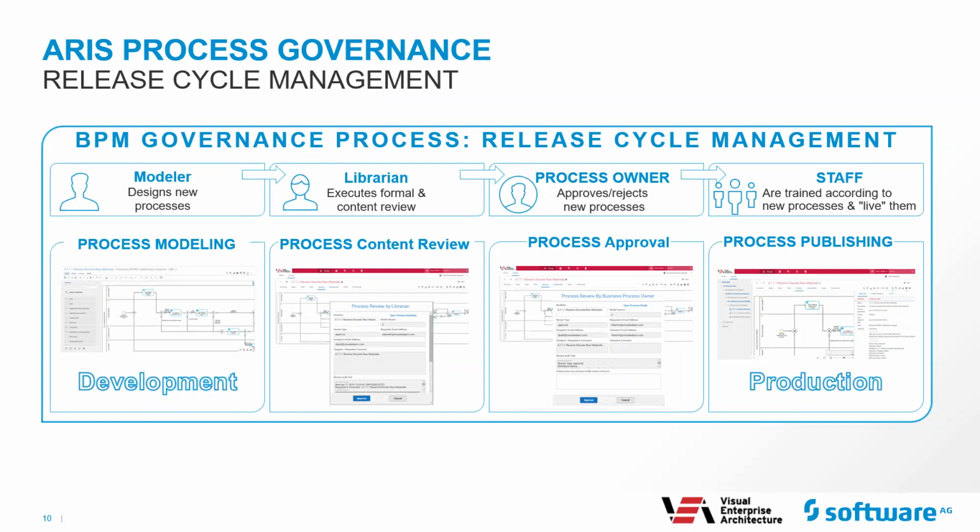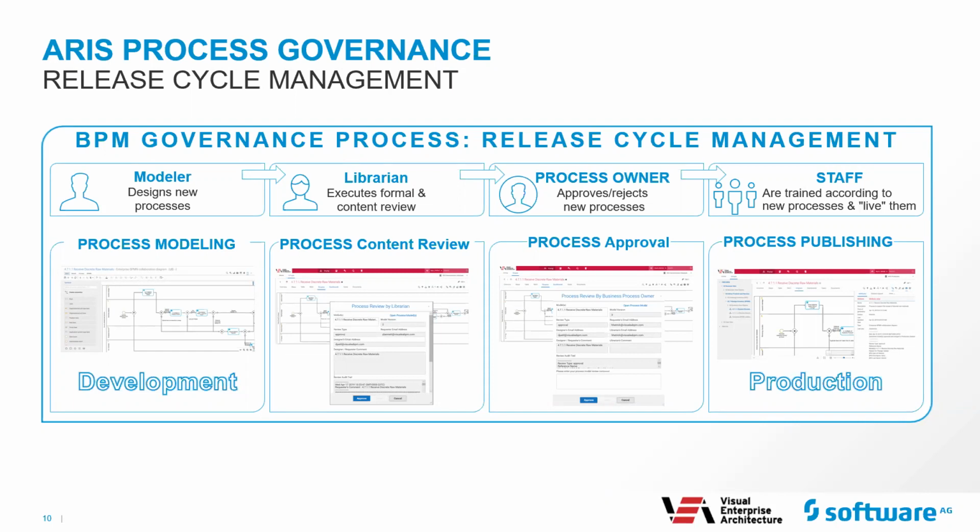Okay, so if it is approved, the process owner gets it. The process owner is now looking at it from a business context perspective. Does it meet the requirements? Is it correct from a business perspective? They can either approve or reject it. If they reject it, once again the modeler gets notified, and then the process ends.